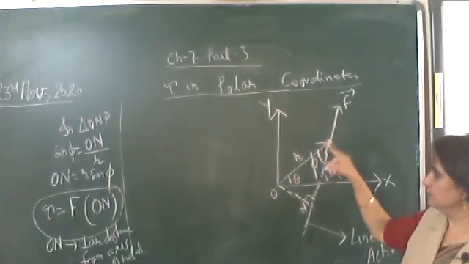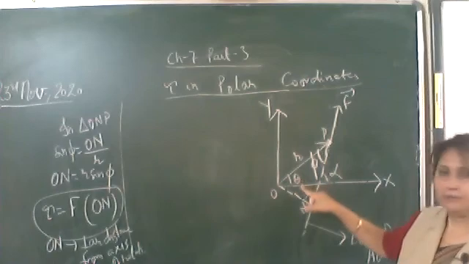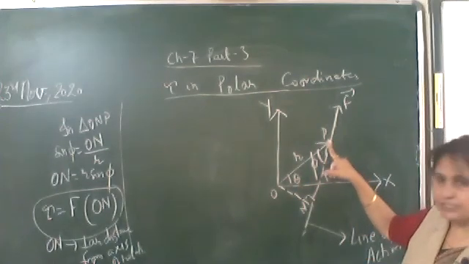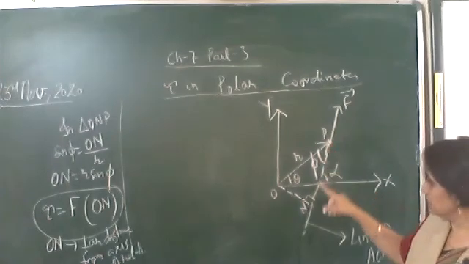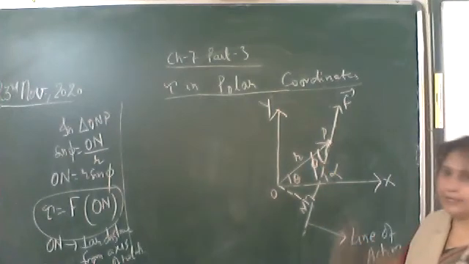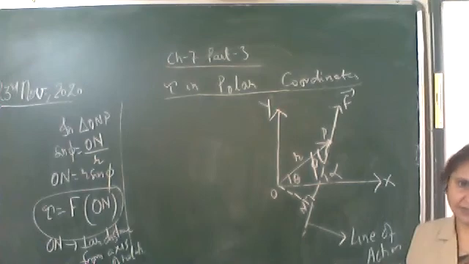The r vector is making an angle theta with the x-axis. A force is applied, which is making an angle alpha with the x-axis. The angle between the r and F vectors is phi.